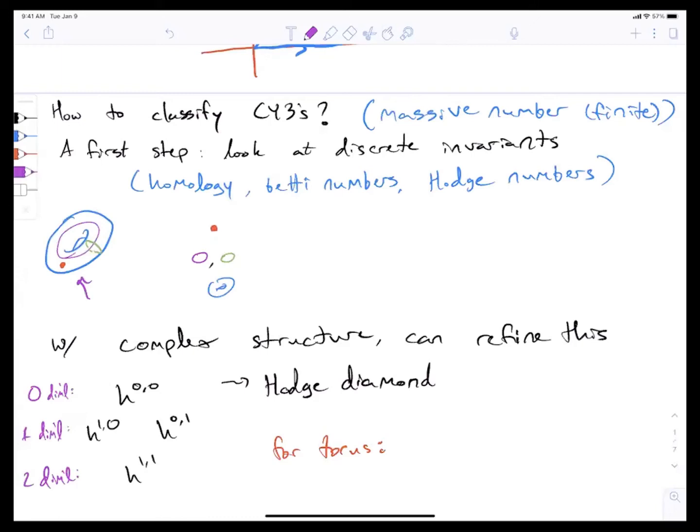The 0-dimensional hole, we're really just meaning the number of connected components. So it has 1 0-dimensional hole, by which I mean it just has 1 connected component.